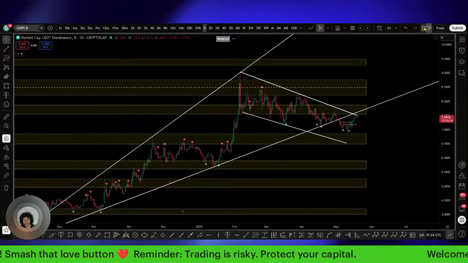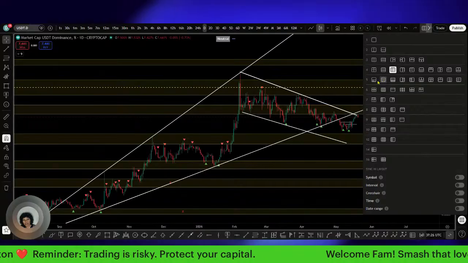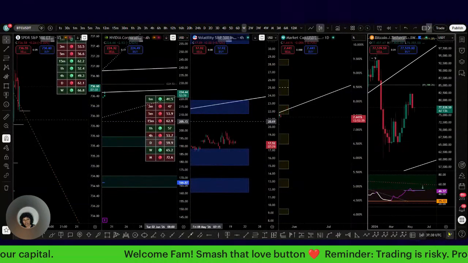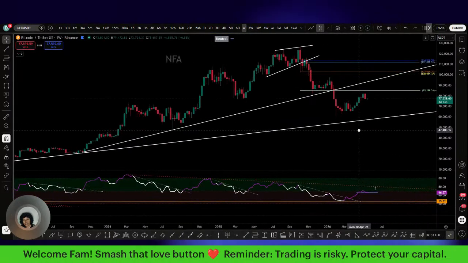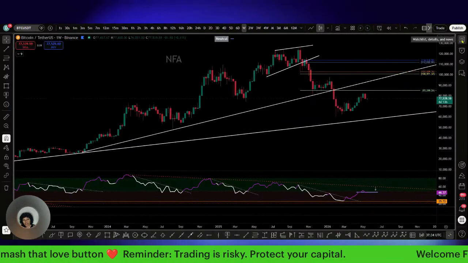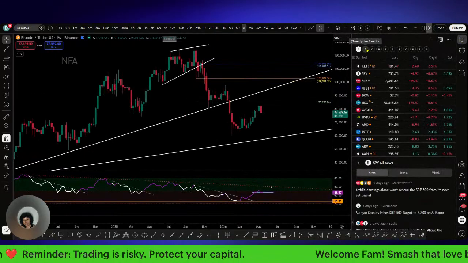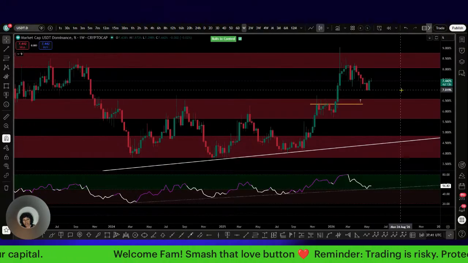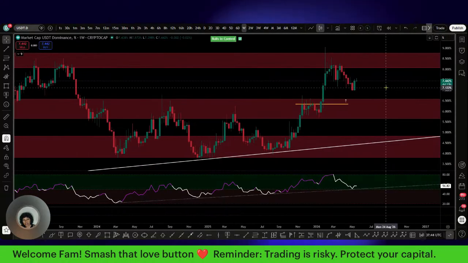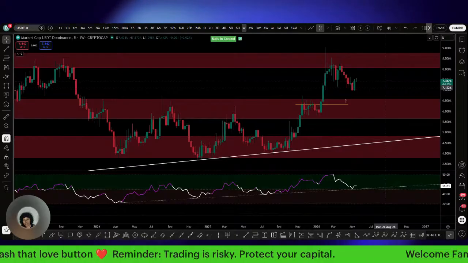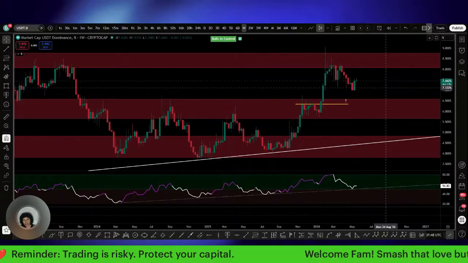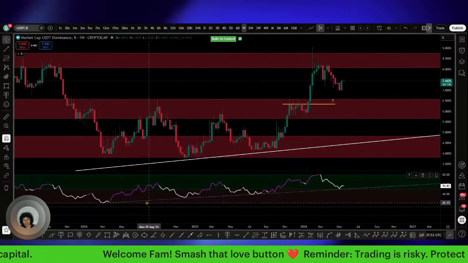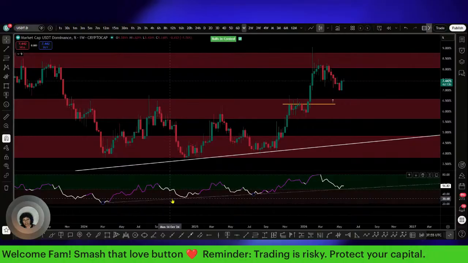And then I know I can pull this up on the weekly. Let me do this. Here we go on the weekly. So yeah, we got a nice little regression trend line down through here.